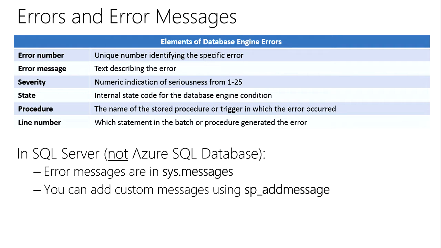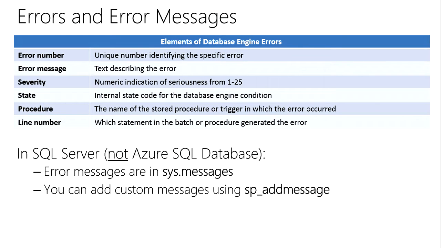Like everything else in databases, we have unique identifiers, and errors have a number that identifies the error. And then there's usually a message that goes along with that, some text that describes what the error is, what the problem is, what message we want to send back. So those two things are fairly obvious, and at the very minimum, those are the things you would deal with when handling errors.